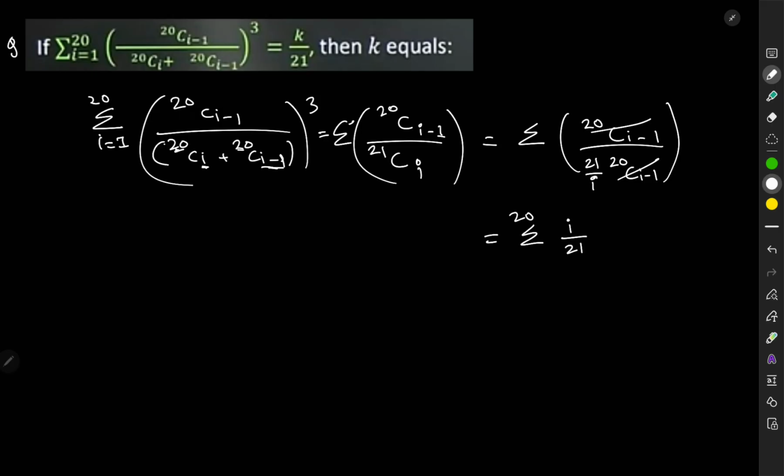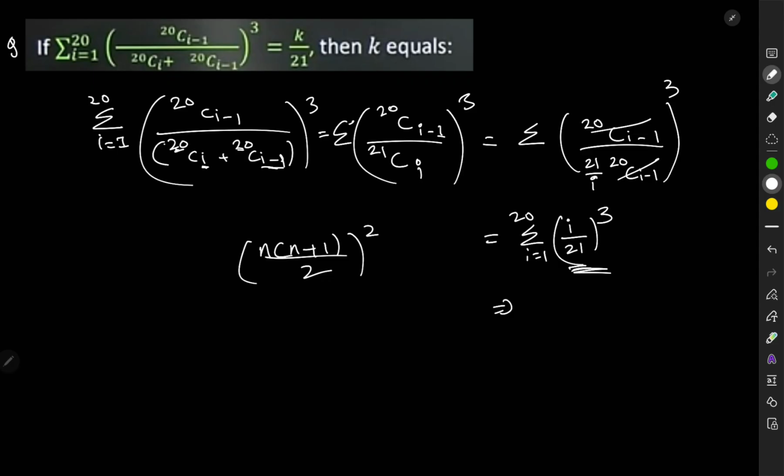So the limits are i equal to 1 to 20. So we have a formula for this. We forgot the whole cube. So we have a formula for this: the sum of cubes of first n terms is n into n plus 1 by 2 whole square. I'm going to use this on i.